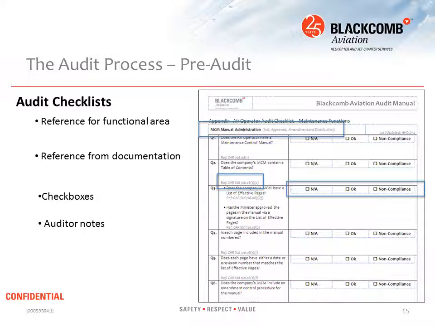This space might also reference where comments can be found, such as sampling records, a space on each page to record the auditor's initials and the date the checklist was completed, and a space at the end of the checklist section to record a summary of the evaluations made.